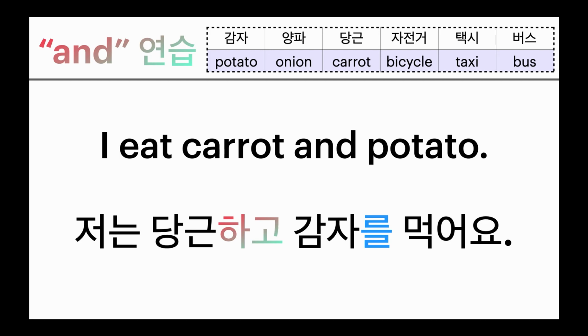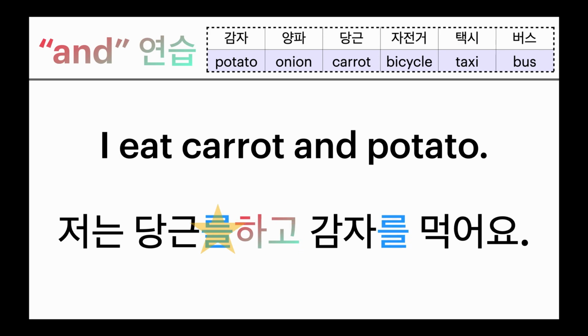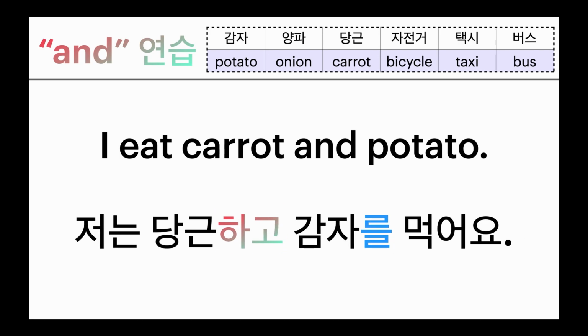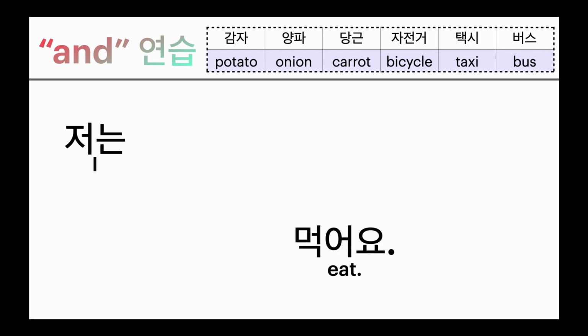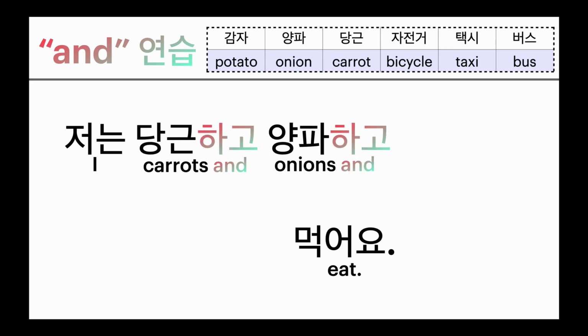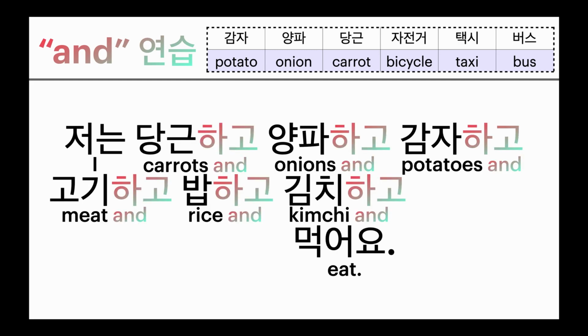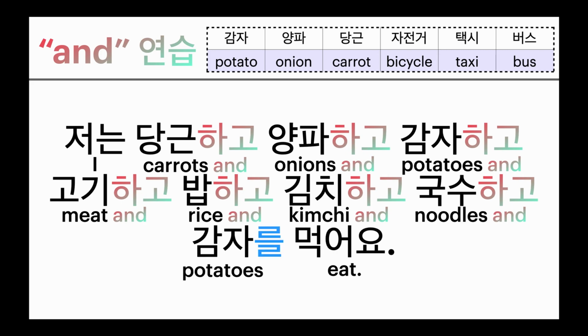Now keep in mind that the object particle will only be attached to the last noun in the sentence. You don't need to add it to each noun after or before 하고, just attach it to the final noun. Meaning that if you wanted to say a really long sentence, you only need to attach the object particle to the final noun right before the verb. As in, 저는 당근하고 양파하고 감자하고 고기하고 밥하고 김치하고 국수하고 감자를 먹어요. And apparently I really like 감자.